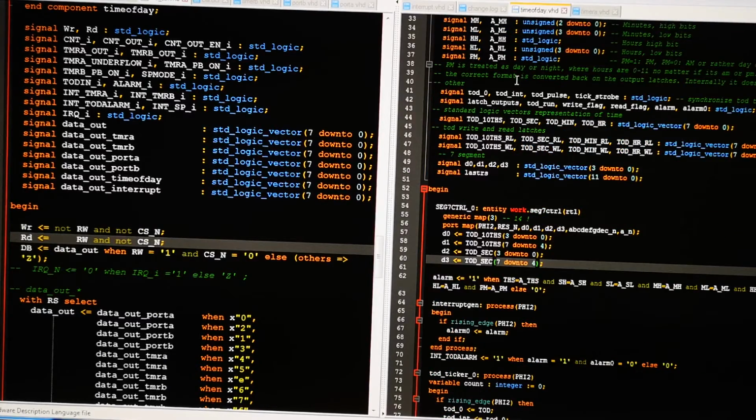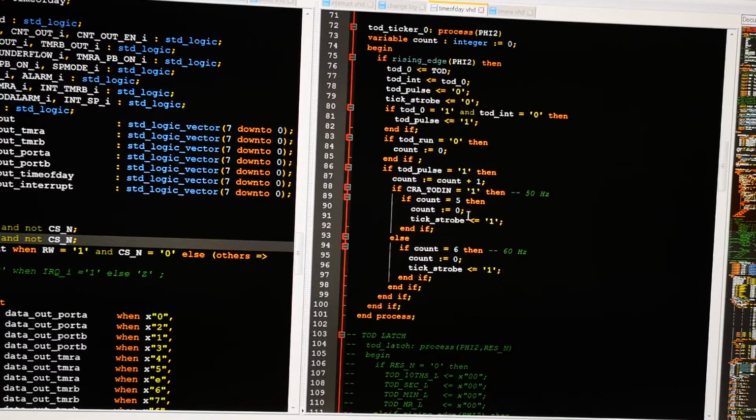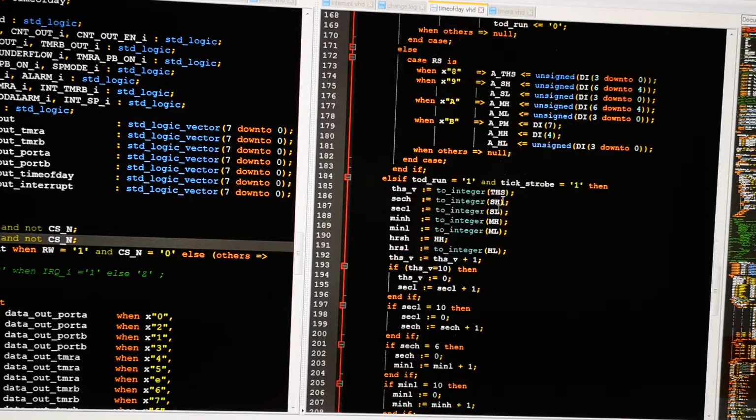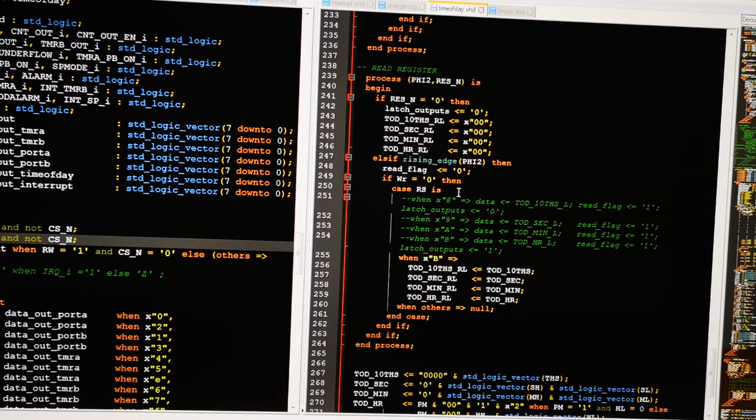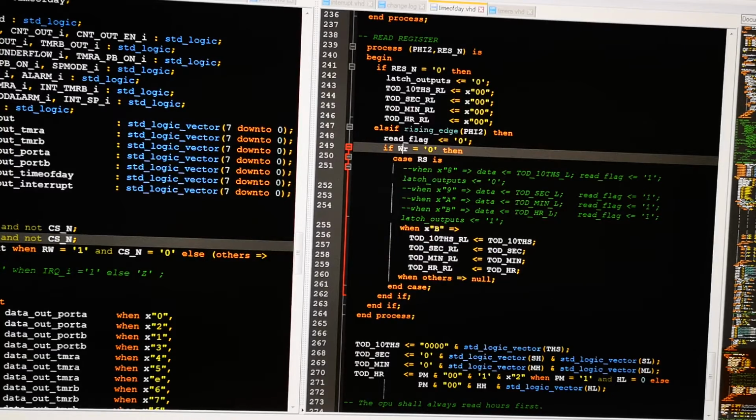So if you go to the timer A here, and then if we look at the read thingamabob, it looks at write 0, but actually this is not how it works, because there's no chip select in this signal.